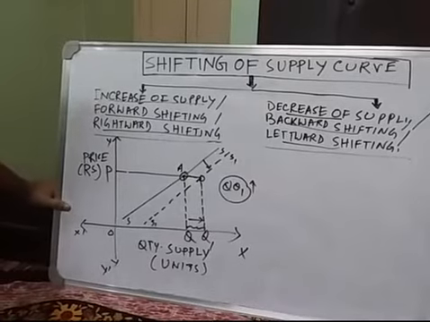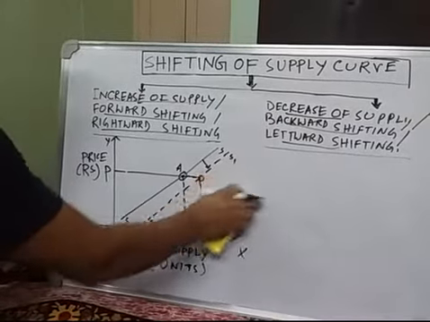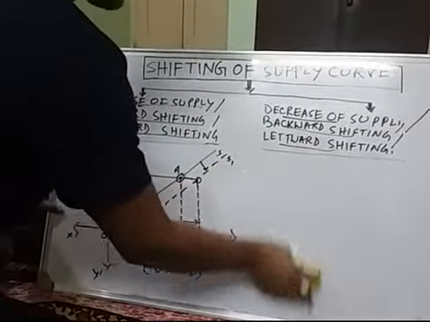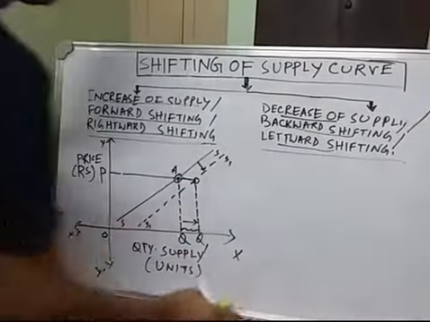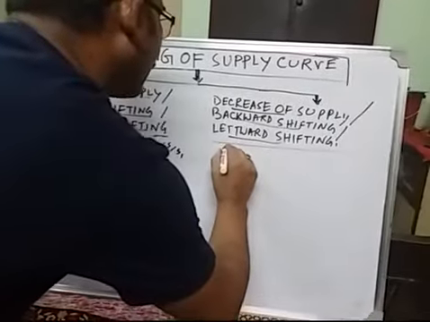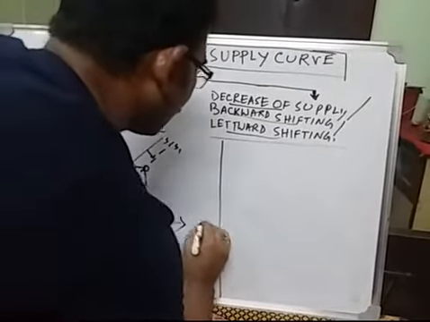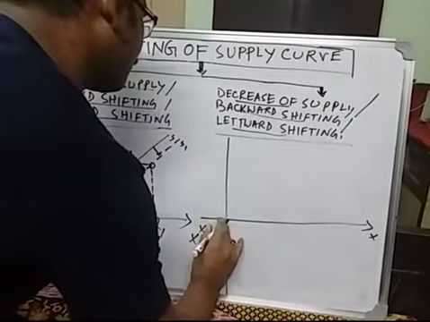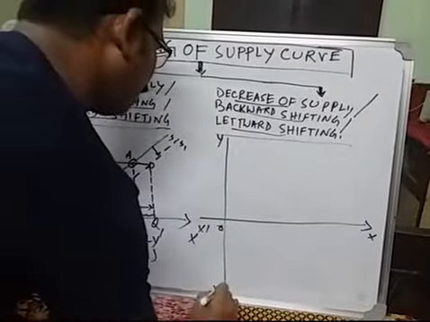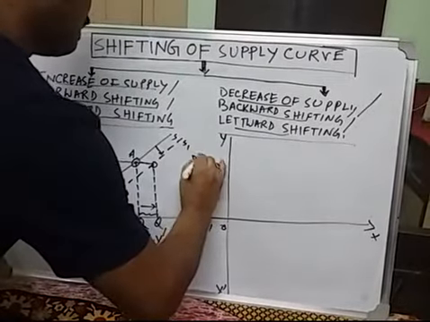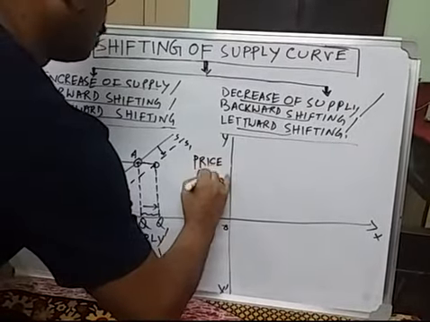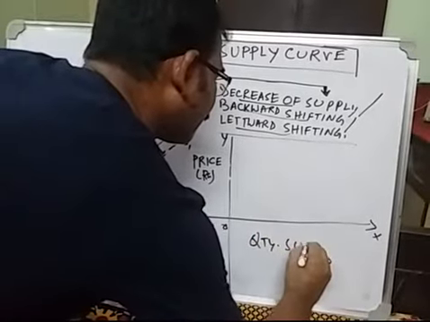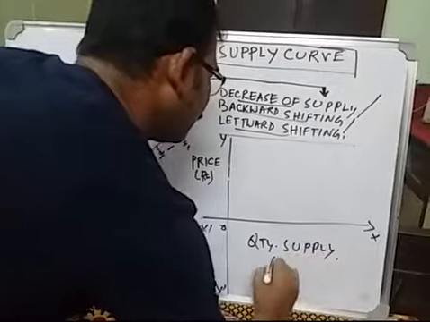Now I am going to the second part, the decrease of supply. Decrease of supply means the supply curve shifts to the left side. Now again you draw the curve, the same process, x o x dash and y o y dash, denoting price in rupees and quantity supply in units.